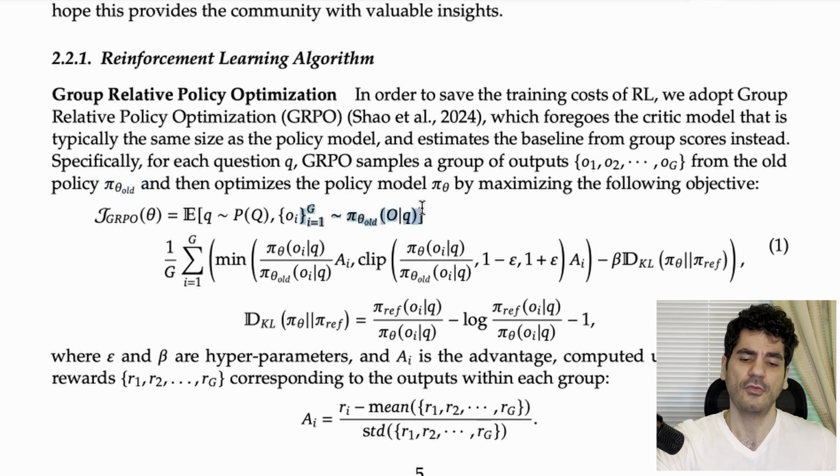Then they compute the comparison between the current policy and the previous one, times the advantage function. They also clip it, similar to the idea of proximal policy, and they subtract the KL divergence to the reference. All of this makes sure that you don't diverge too much from the reference policy.